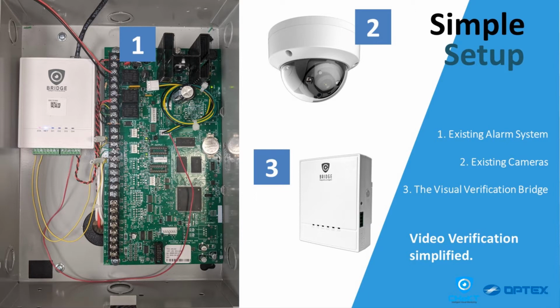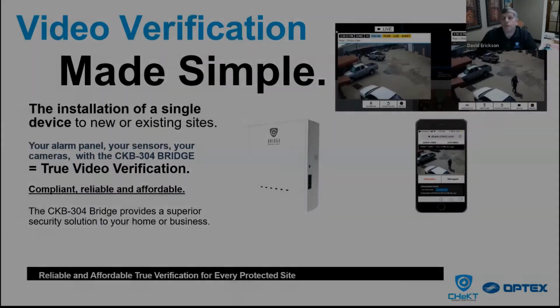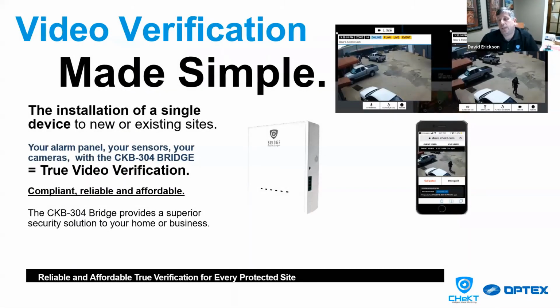And now in the monitoring center, it just becomes a very seamless operation. When that operator gets an alarm on zone 1, that operator is looking at the camera of zone 1 and any other associated cameras. So what that allows you guys to do is sell video maintenance and video verification and video monitoring services. So with the installation of this one appliance, you can sell the services.